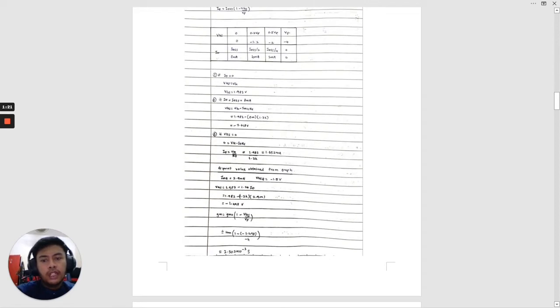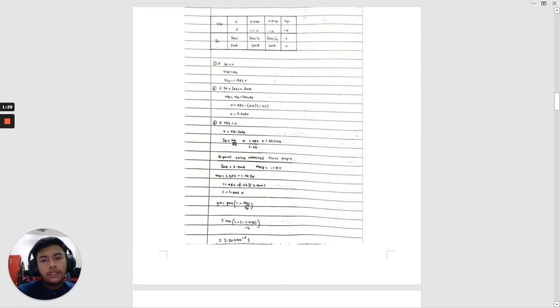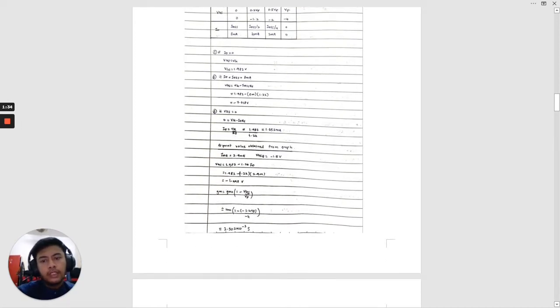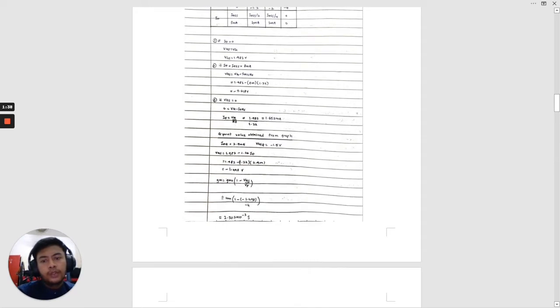Second one, ID is equal to IDSS, equal to 8 milliampere. We just substitute the IDSS value, and then the value of VGS is negative 7.618. The third one is VGS equal to 0. So 0 is equal to VG minus ID RS. We rearrange the equation and get ID equal to VG over RS. So the value for ID is 1.652 milliampere.